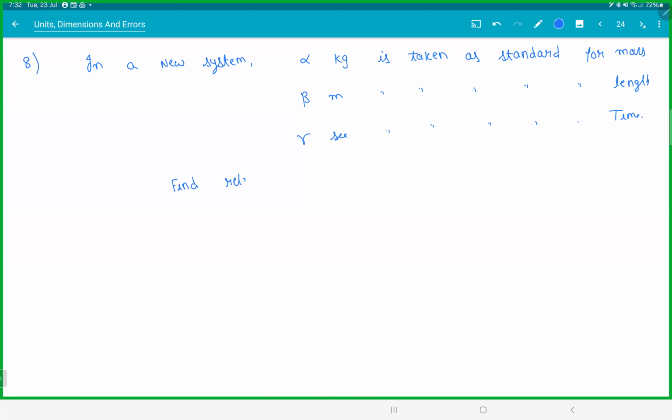Find the relation between new and old units for energy, meaning what is 1 new unit of energy in terms of the old units of energy. Generally, energy units are joules, so I could have given that. The answer will come in terms of alpha, beta, gamma.